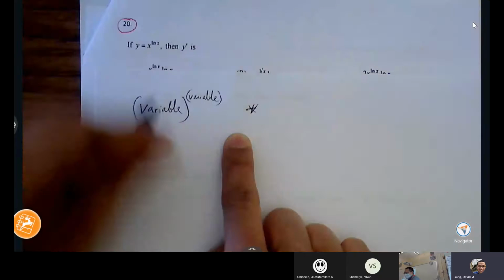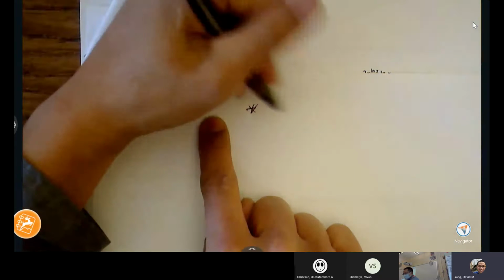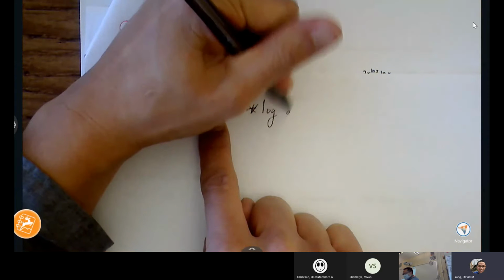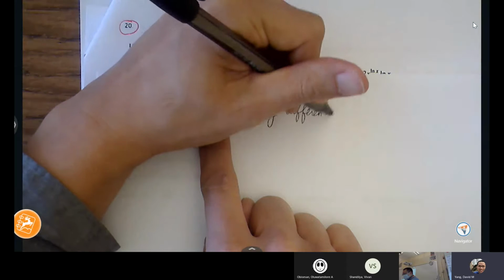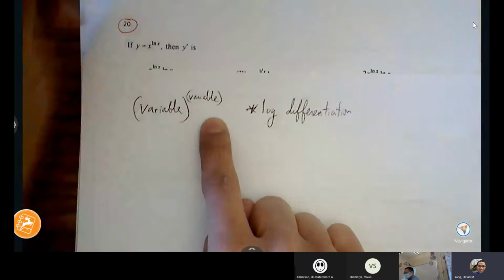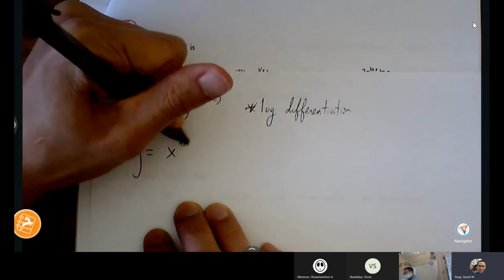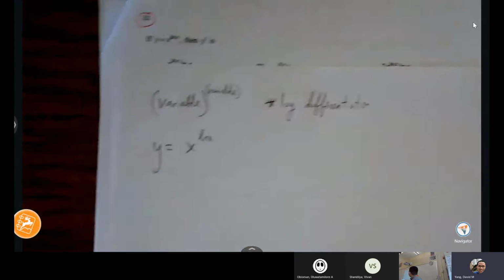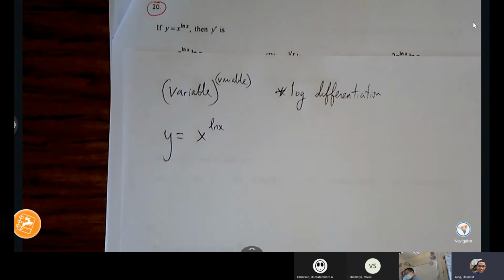We don't have a rule that can handle this setup, so we've got to go through log differentiation. So we'll take the natural log of both sides so that we can allow that exponent to come down in front.